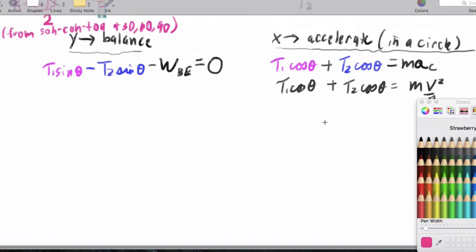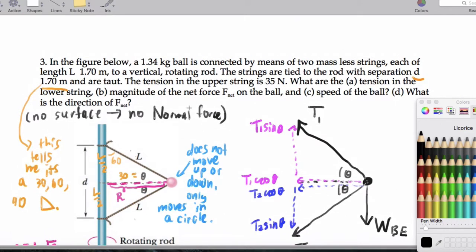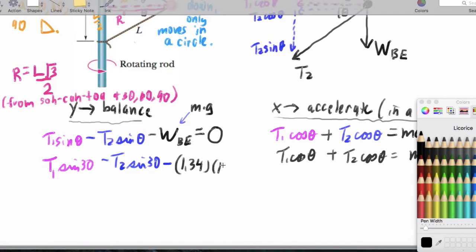So, to be clear, let's go ahead and set some things up. Our goal is the tension in the lower string. We're going to get the tension in the upper string too. So we've got T1 times the sine of 30 minus T2 times the sine of 30 minus, now the weight here, let's be careful, that's M times G. That's going to be 1.34 times 10.